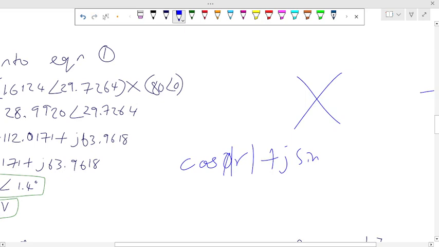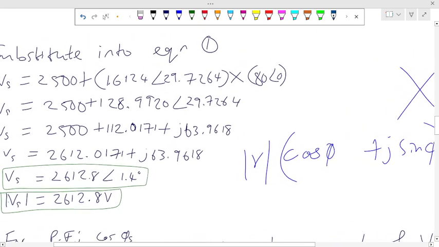And this magnitude, let me bring it outside so that it will be neat enough for us to see better this way. I was thinking of putting the magnitude inside, multiplying by this and also by this, but it's better this way, neat. So take the cos of the angle, multiply by the magnitude, plus take the sine of the angle, multiply by the magnitude. That's what we did here.